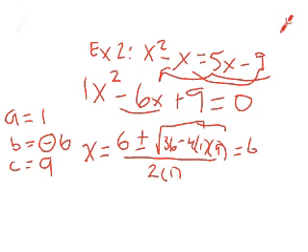So really what we have is 6 plus or minus the square root of 0 over 2. Well, the square root of 0 is just 0. So 6 plus or minus 0 is just 6, and 6 divided by 2 is 3.